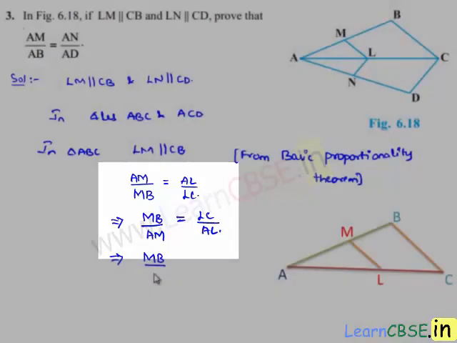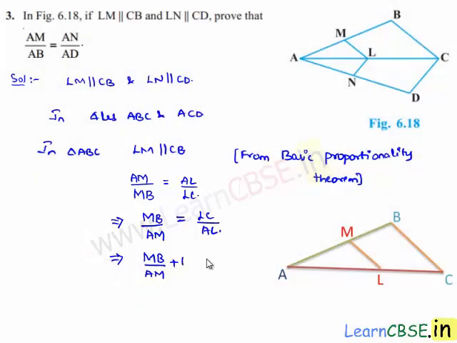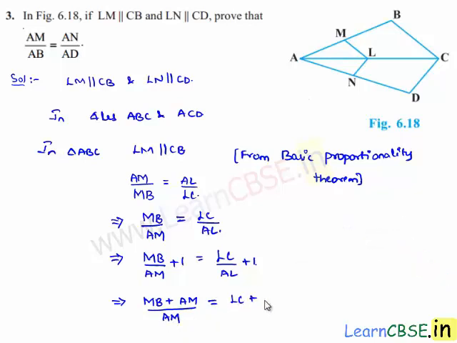Then we get MB by AM plus 1 is equal to LC by AL plus 1, which implies here the numerator becomes MB plus AM by taking AM as LCM, which is equal to, here the numerator becomes LC plus AL divided by AL, which implies MB plus AM is nothing but AB whole divided by AM, which is equal to LC plus AL is nothing but AC whole divided by AL.